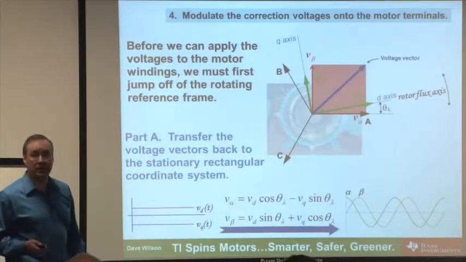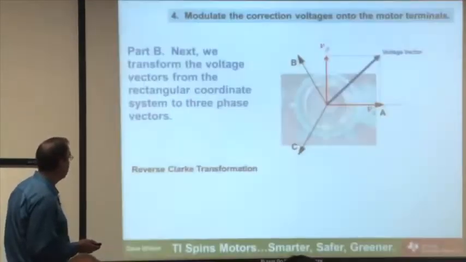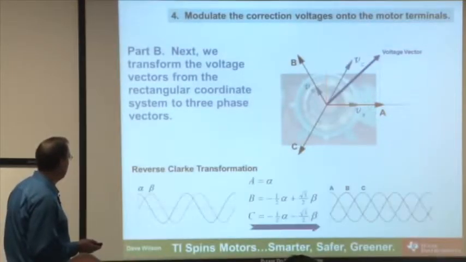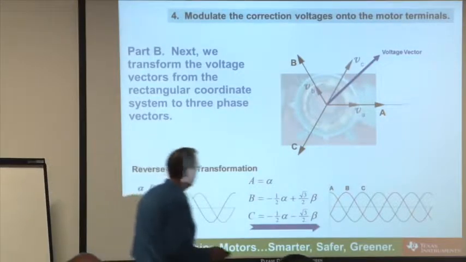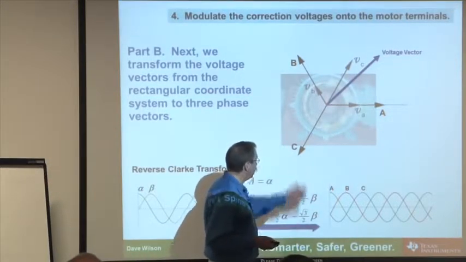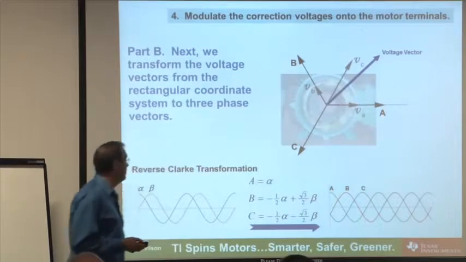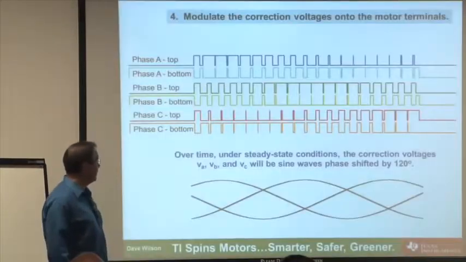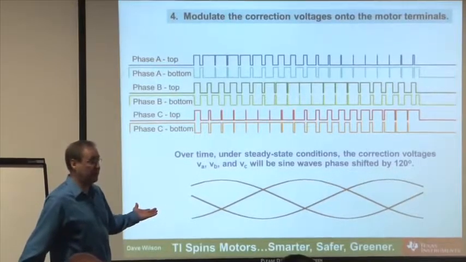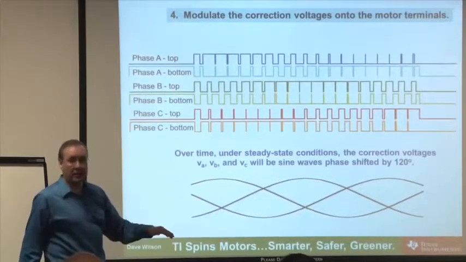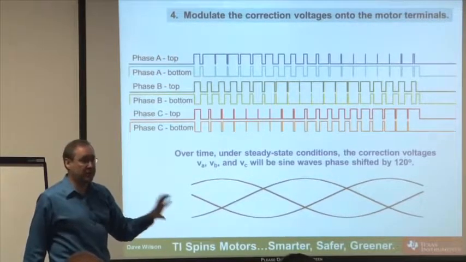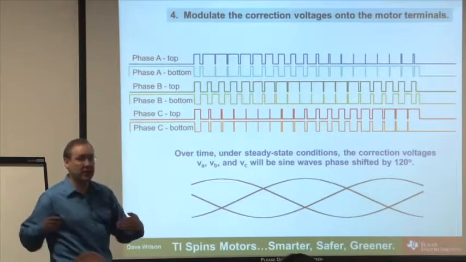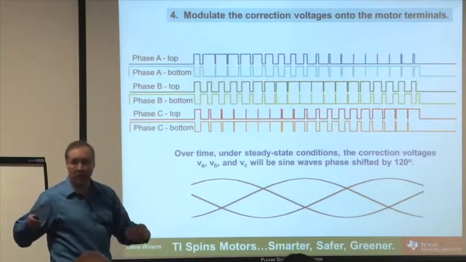Any other questions so far? Because I think we're almost done. Now that we've got our 3 voltages, step number 4 is to modulate the correction voltages onto the motor terminals. That's just dropping the values we calculated into the PWM register, scaled appropriately to the PWM range of 0 to 1.